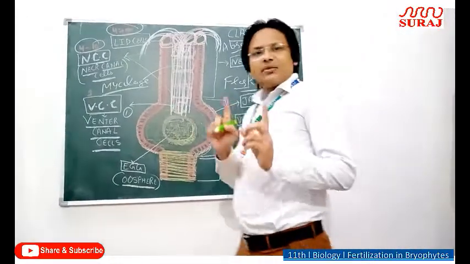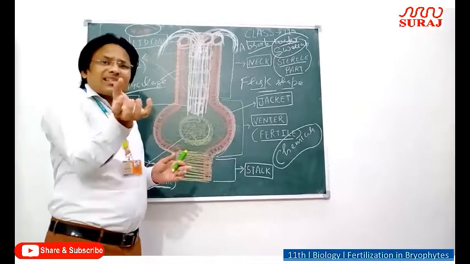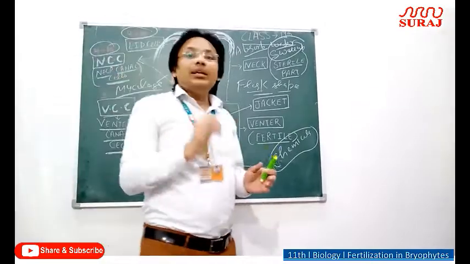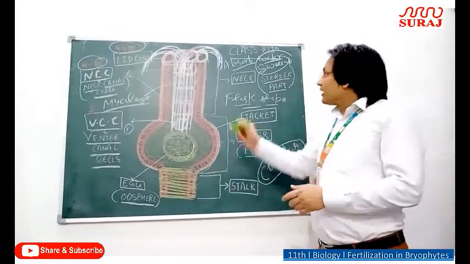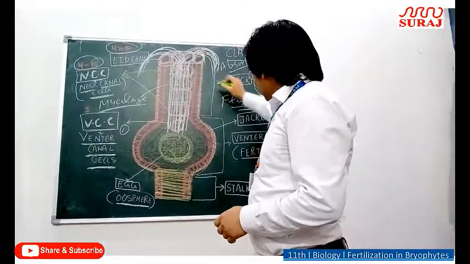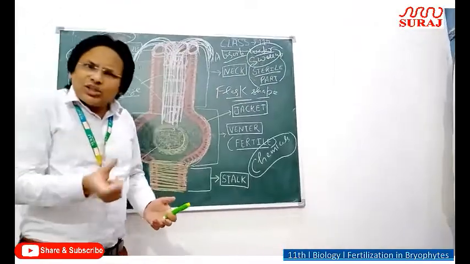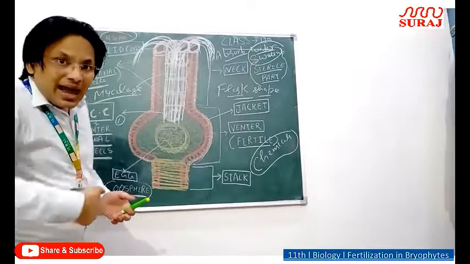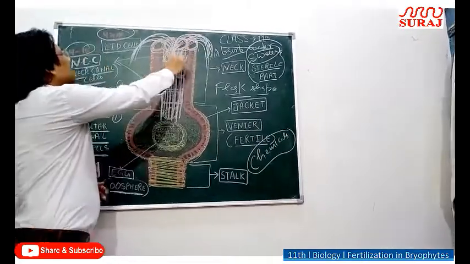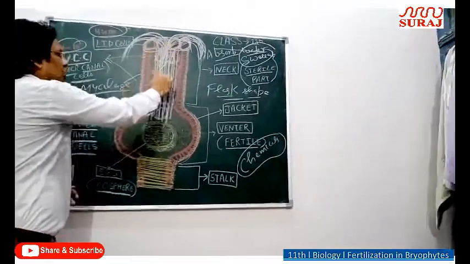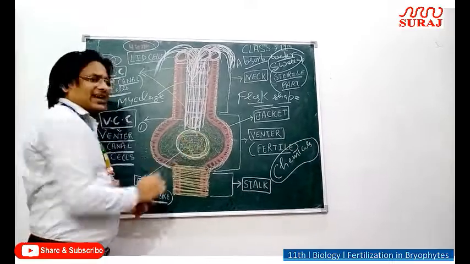These chemicals are chemoattractant in nature, and they attract the male gametes, so the antherozoids or sperm move through the upper part of archegonium, and now fertilization takes place.